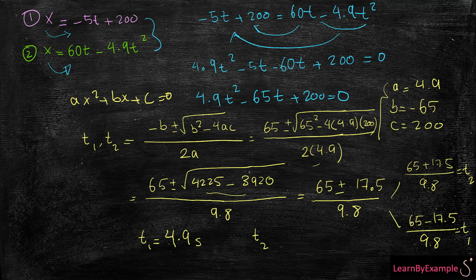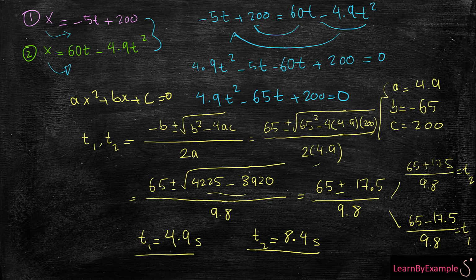And for my T2, I should have 65 plus 17.5, which is 82.5, divided by 9.8, and it should give you 8.4 seconds. So I have 2 times. What does this mean? Why do I have 2, and which one is the right one?